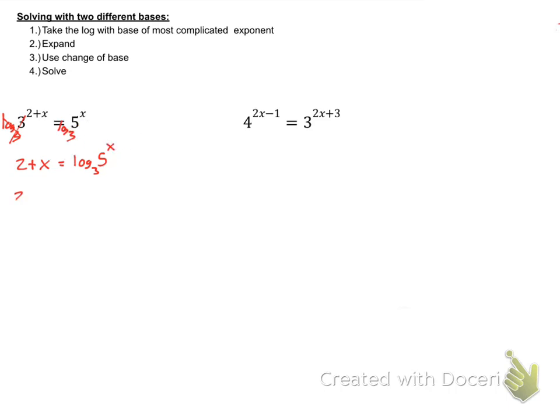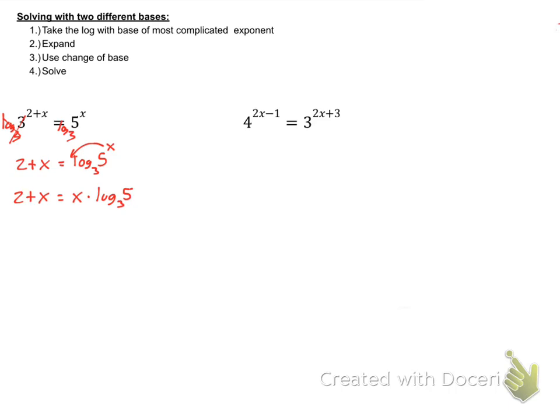So I'm keeping the left-hand side the same. I'm going to drop down the x, so it's x times log base 3 of 5. And now I'll have to use change of base, because log base 3 of 5 is really a number. 3 to what power is equal to 5? So it's 1 point something.